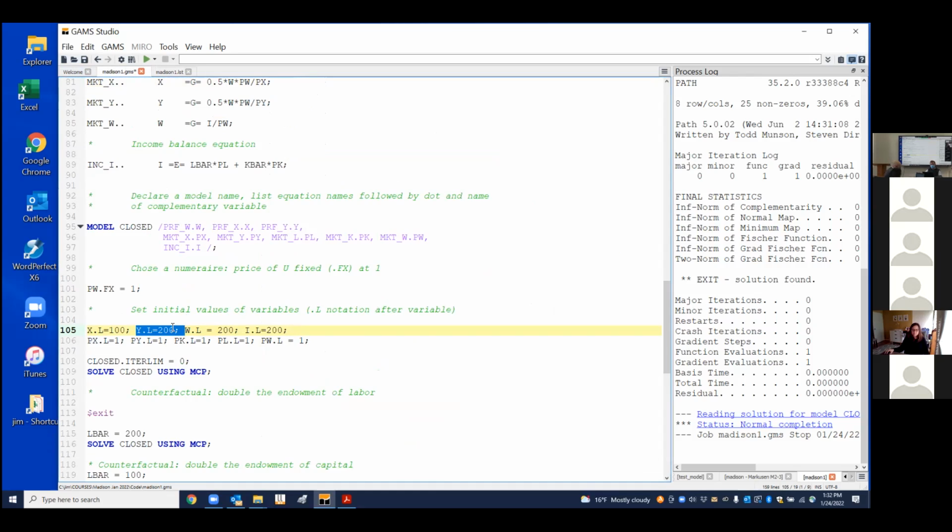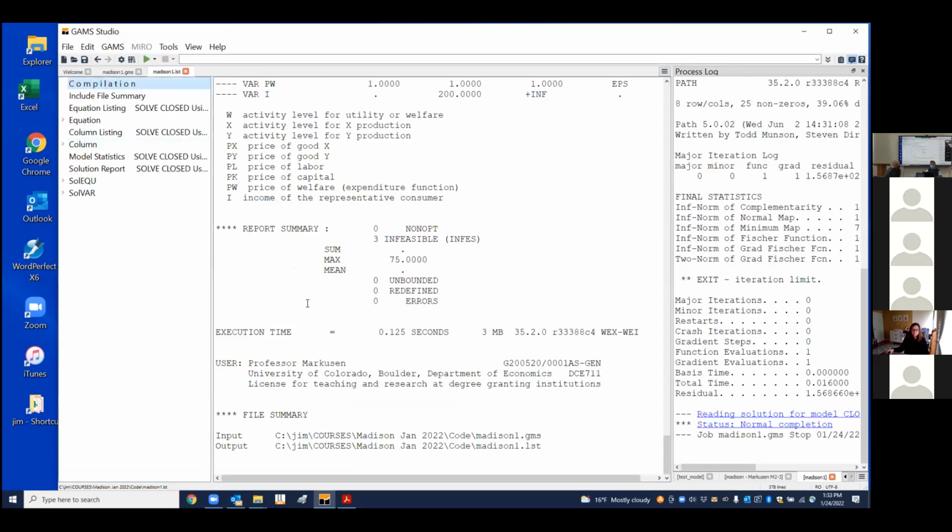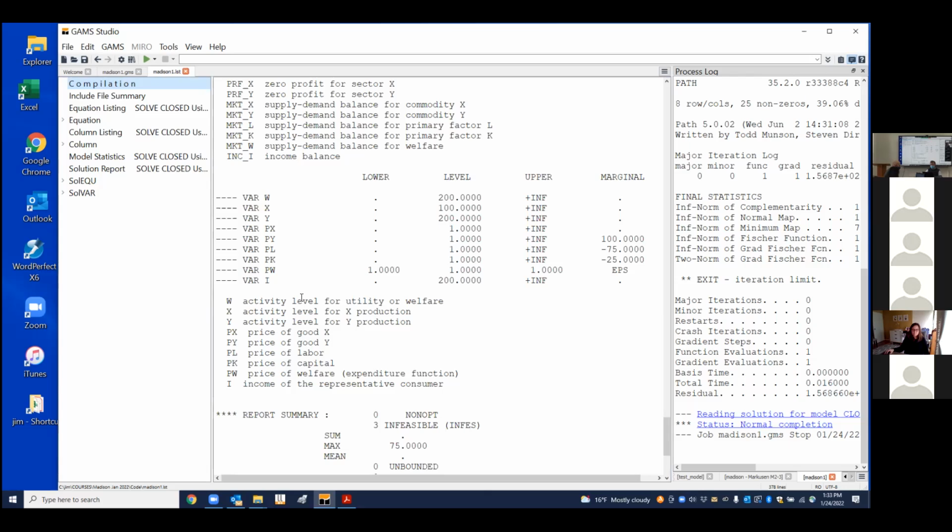That's an incorrect starting value. So if iterlim equals 0, I run the model. Whoa, something's wrong here. Look at those marginals. That's not right. Well, in this case, it's not actually an error in my coding. It was an error in the starting value. It's sort of like a false positive.